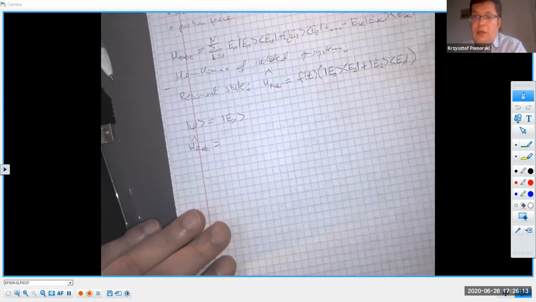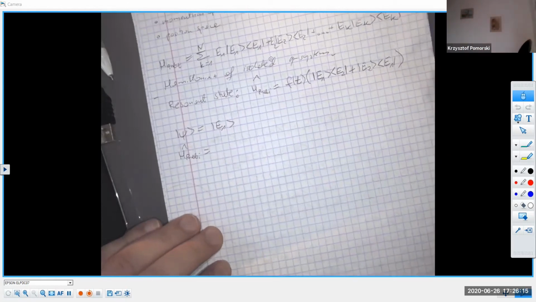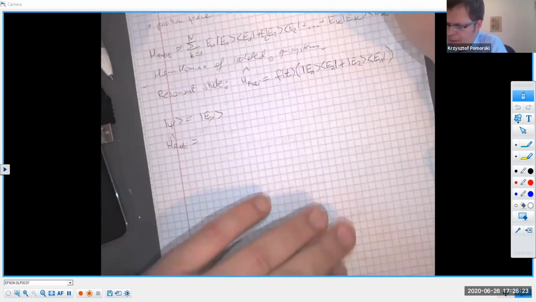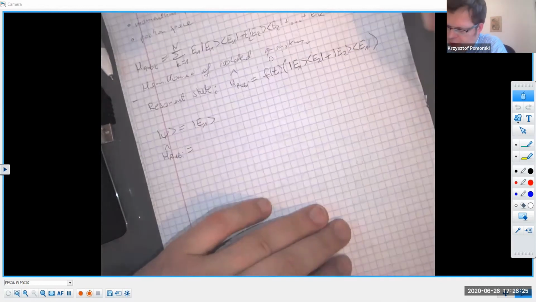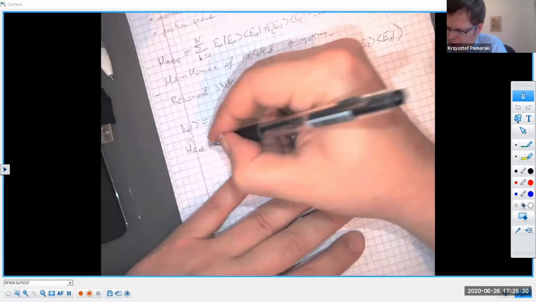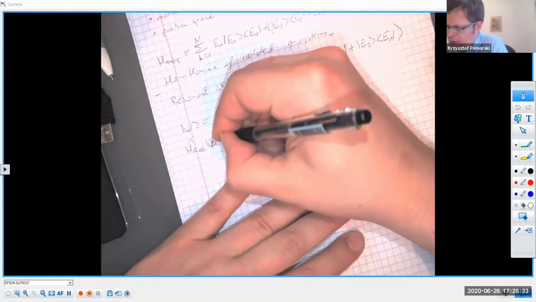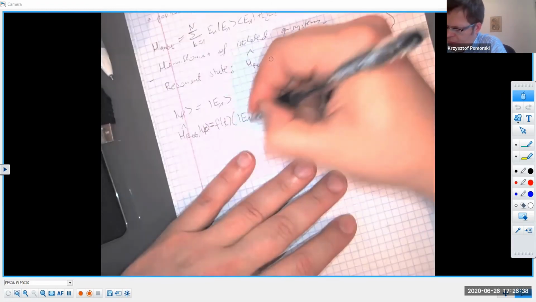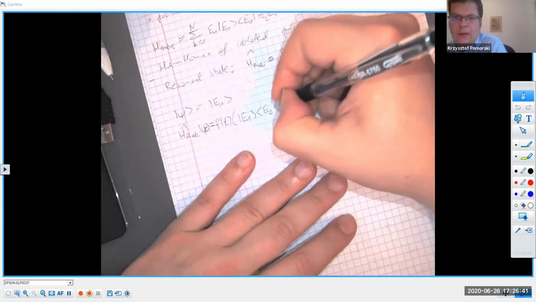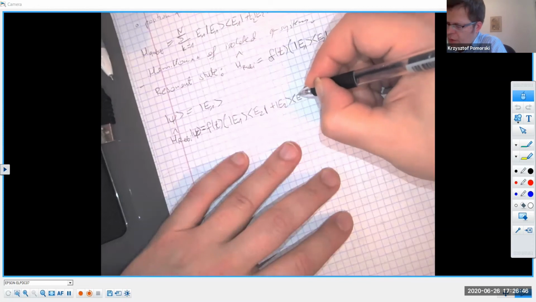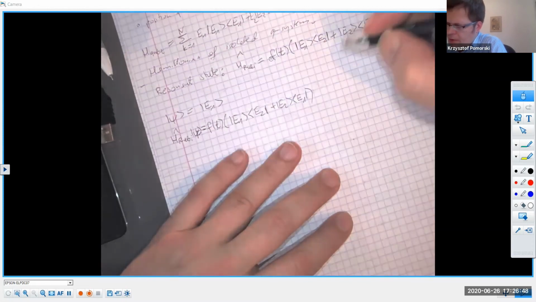One moment please. We need to inspect how it acts. So f of t acting on this state is nothing else than f of t plus 2e1 acting on e1.